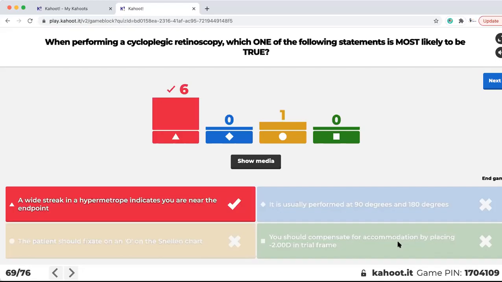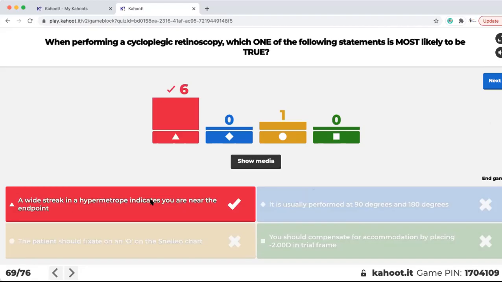We just rotate the retinoscope until we find a break. If we find a break, then this is the axis that we start with. So this doesn't always have to be the rule, but I'm objecting to presenting the answer this way because this is not totally wrong. But option A is more correct.